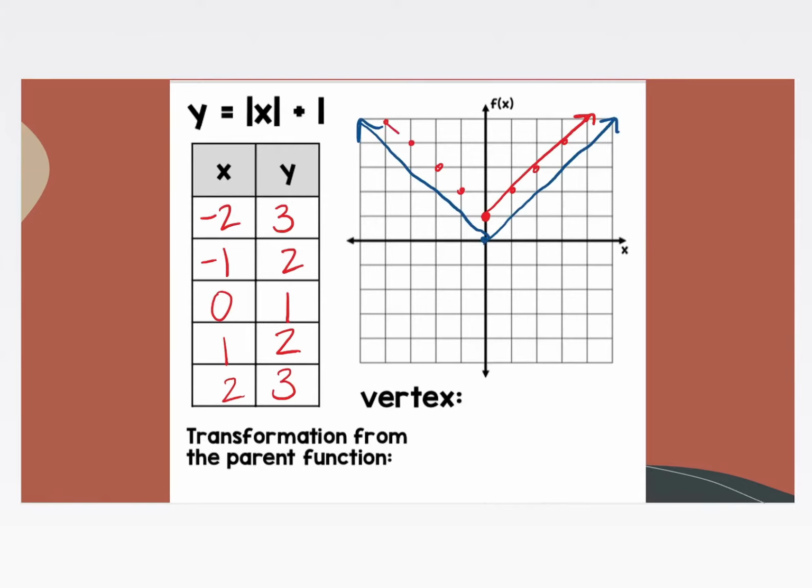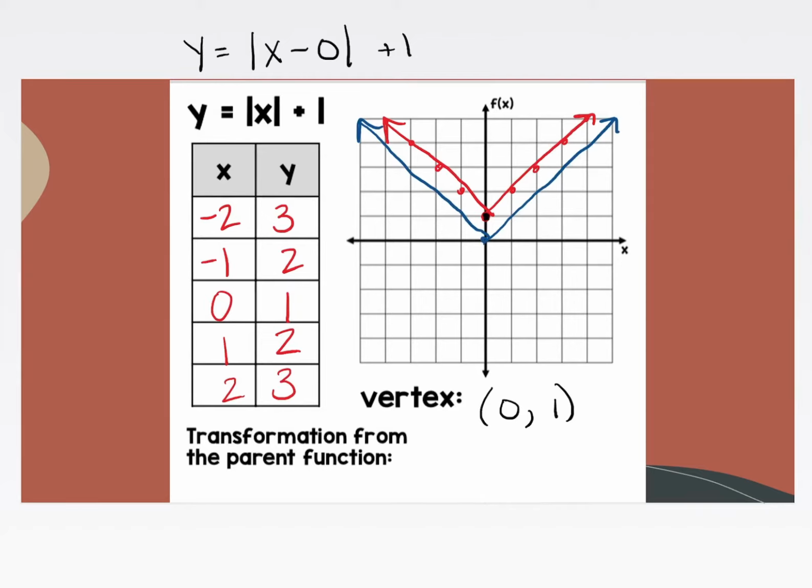If we think about transformations from Topic 9, then we can see that this is pushed up 1. But another way that we could write this in order to identify the vertex just from looking at the equation is y equals the absolute value of x minus 0 plus 1. So our vertex right here is 0, 1, which is why it is shifted up 1.